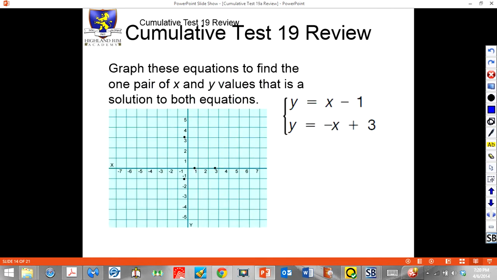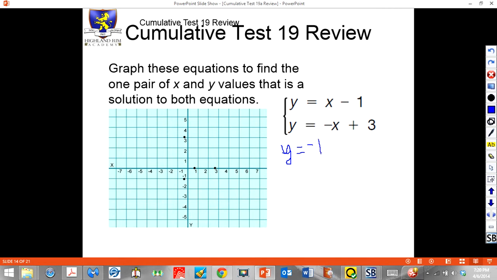This one is we graph these equations to find out one pair of x and y values that is a solution to both equations. Now, all we do is we take the first equation, y is equal to x minus 1, and when x is equal to 0, y is equal to -1.